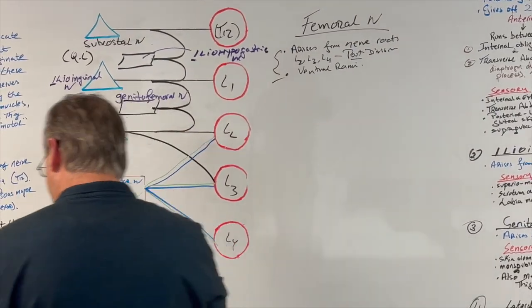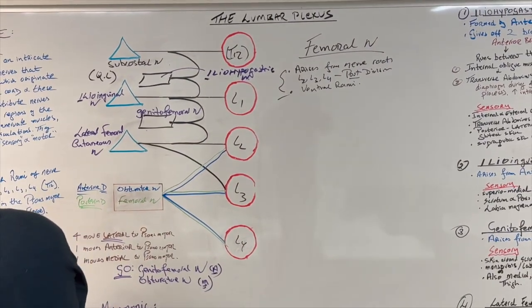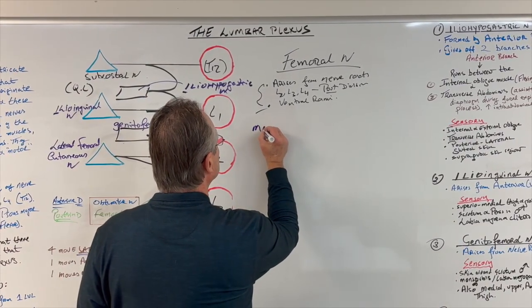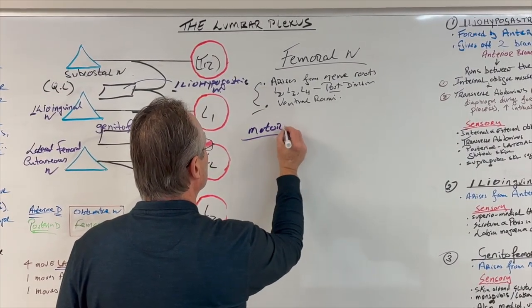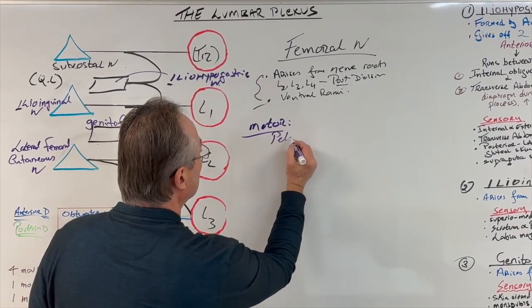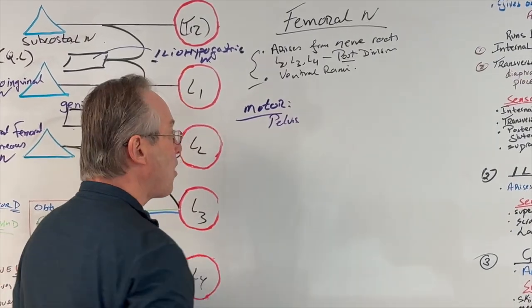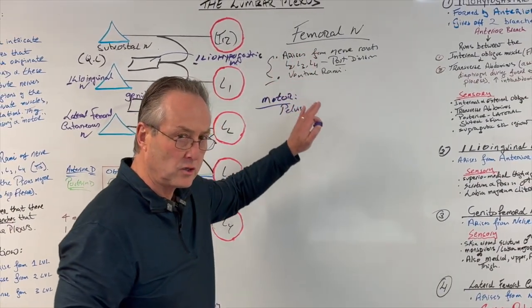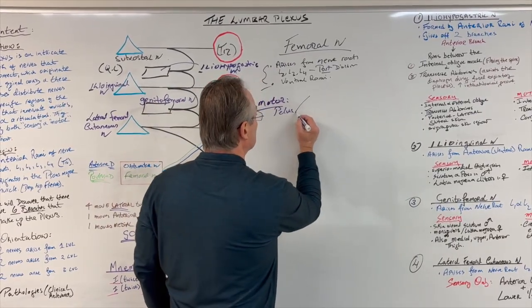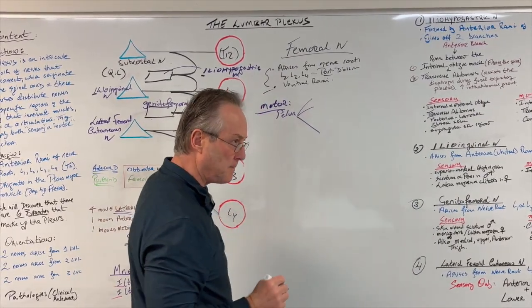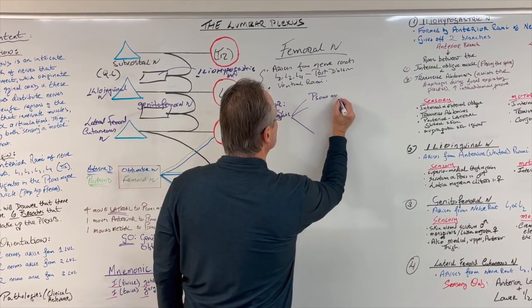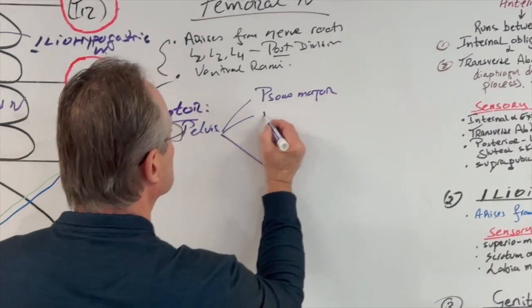Okay, now let's talk motor function, and then we'll talk sensory. So motor function will start around the pelvis. What does the femoral nerve do? What does it innervate on the pelvis? There's 3 muscles. Okay? First one, psoas major.